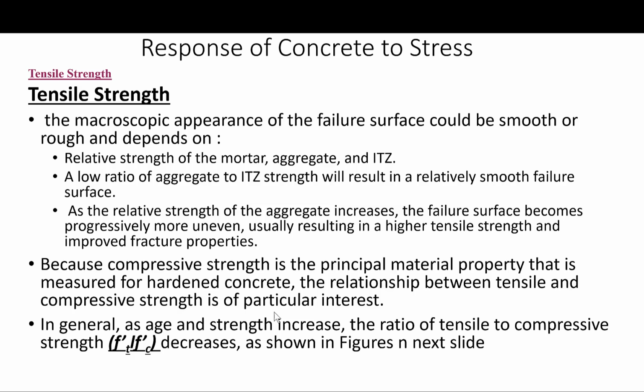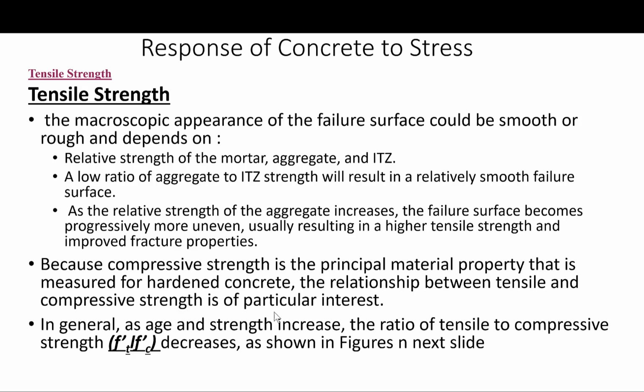So depending on the relative tensile strength of the mortar, the aggregate and the interfacial zone, the macroscopic appearance of the failure surface may be smooth or rough. A low ratio of aggregate to ITZ strength will result in a relatively smooth failure surface.